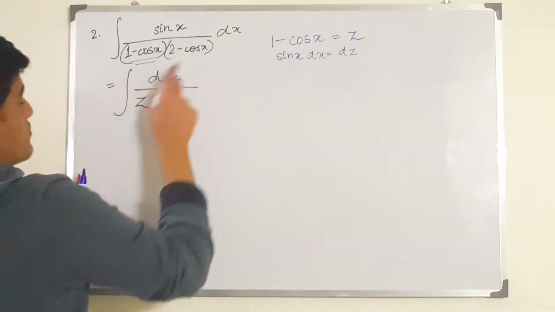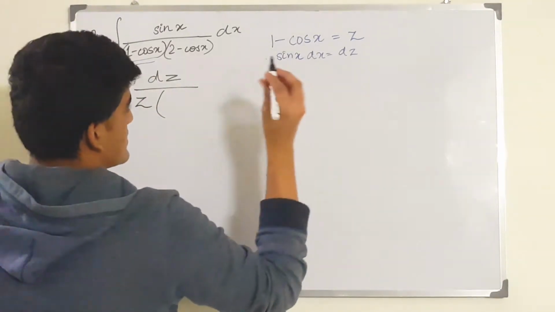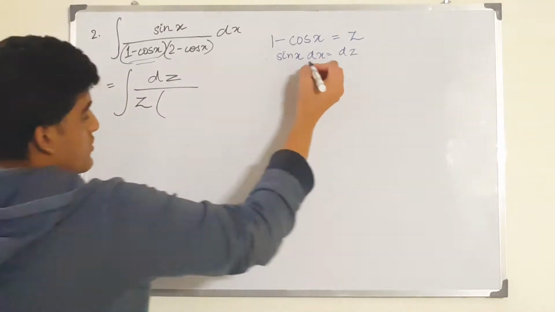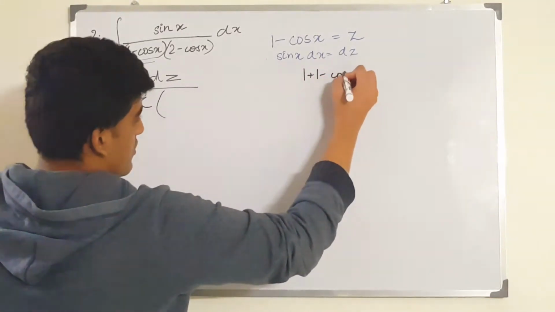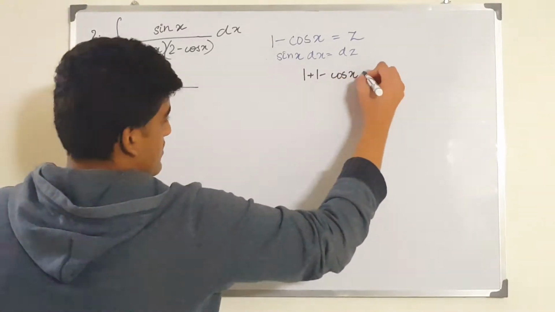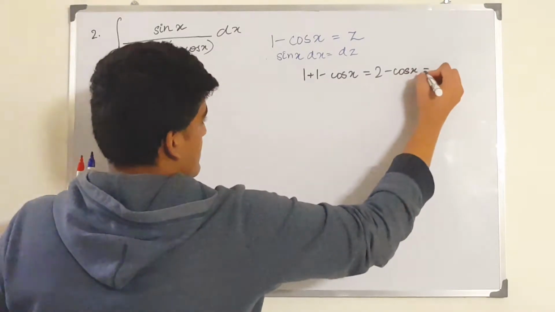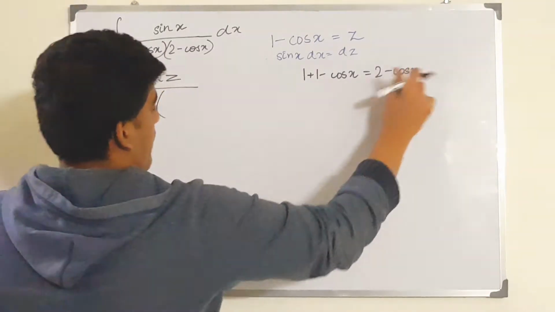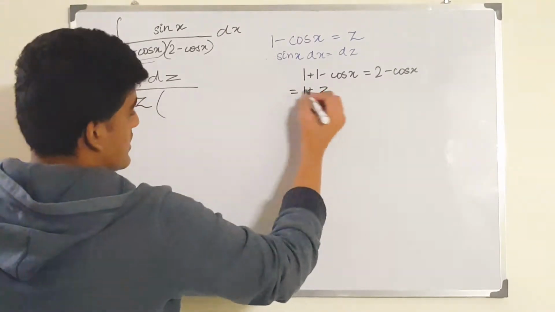We have to derive 2 minus cos x. We have 1 minus cos x. So 2 minus cos x is nothing but 1 plus 1 minus cos x. And this can be written as 1 plus z.